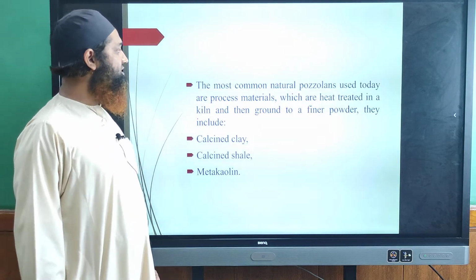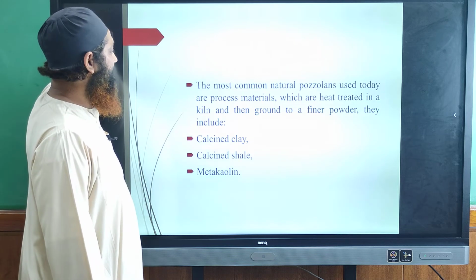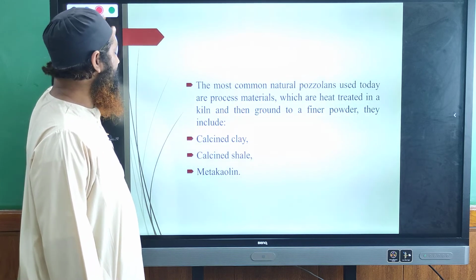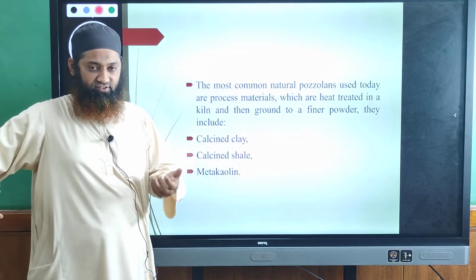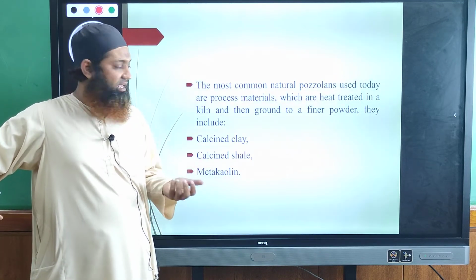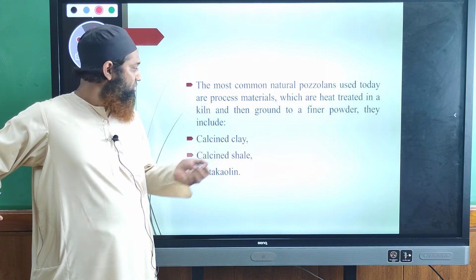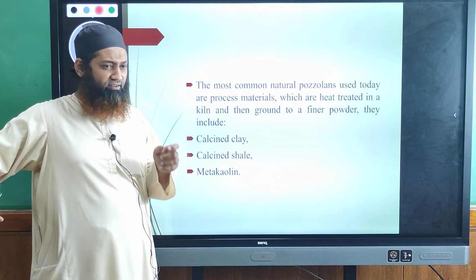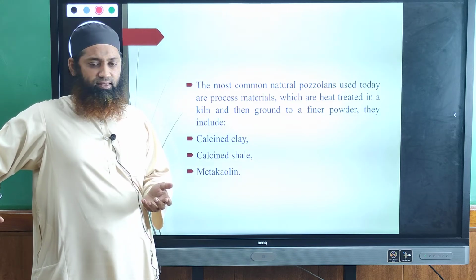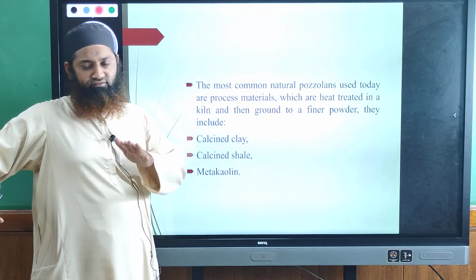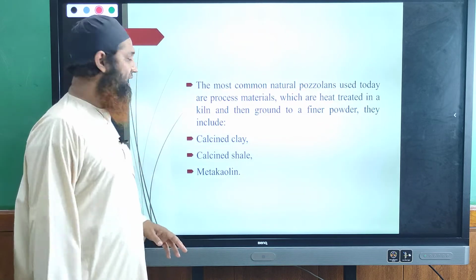The most common natural pozzolans used today are processed materials which are heat treated in a kiln and then ground to a finer powder. So basically these natural materials are first taken, heated in a kiln and then finely powdered. We don't get them in a powdered form. We have to heat them, break them into smaller particles, then powder them, and then use them as per our requirement.